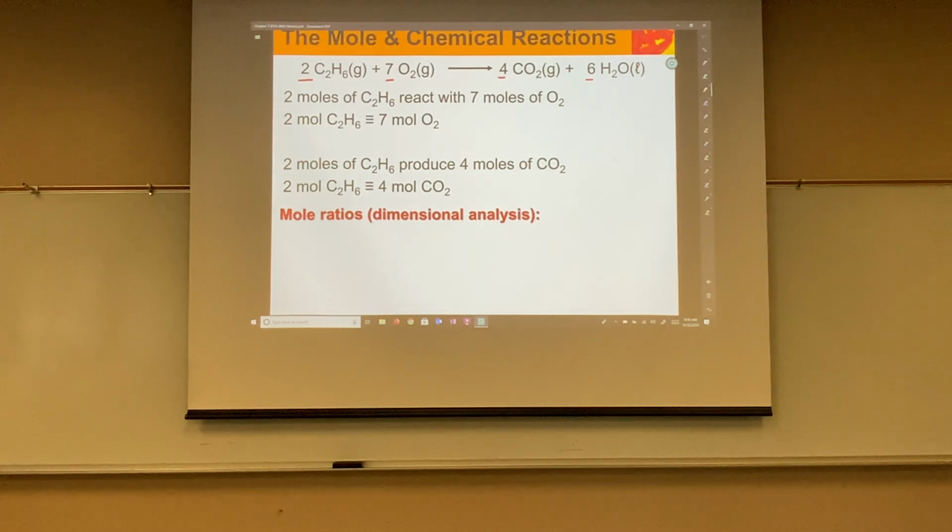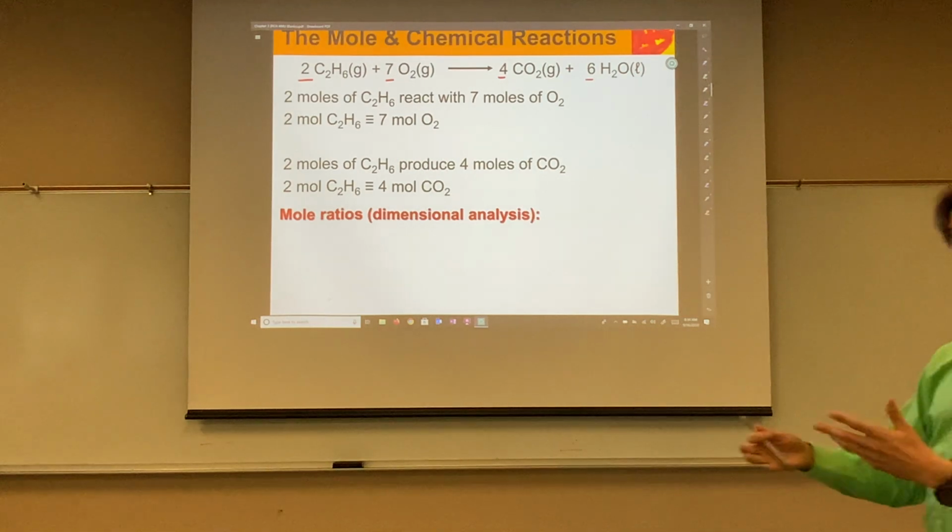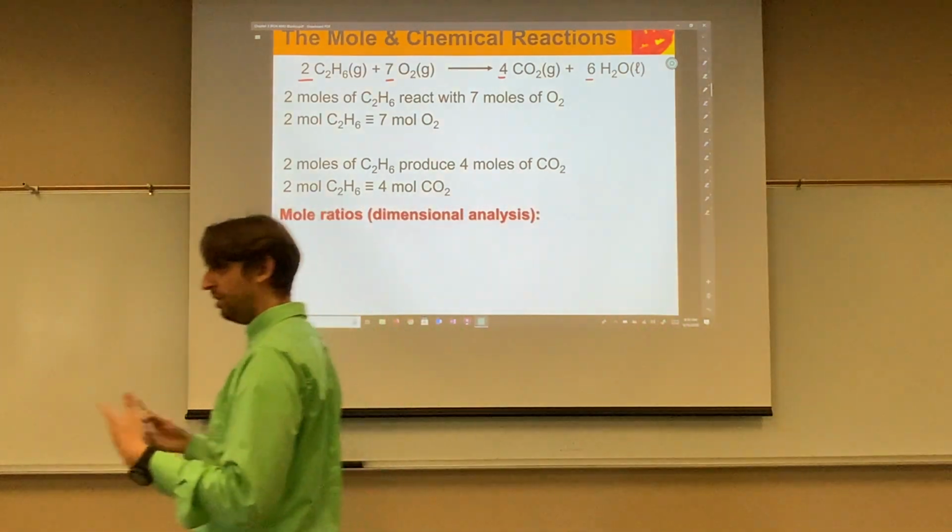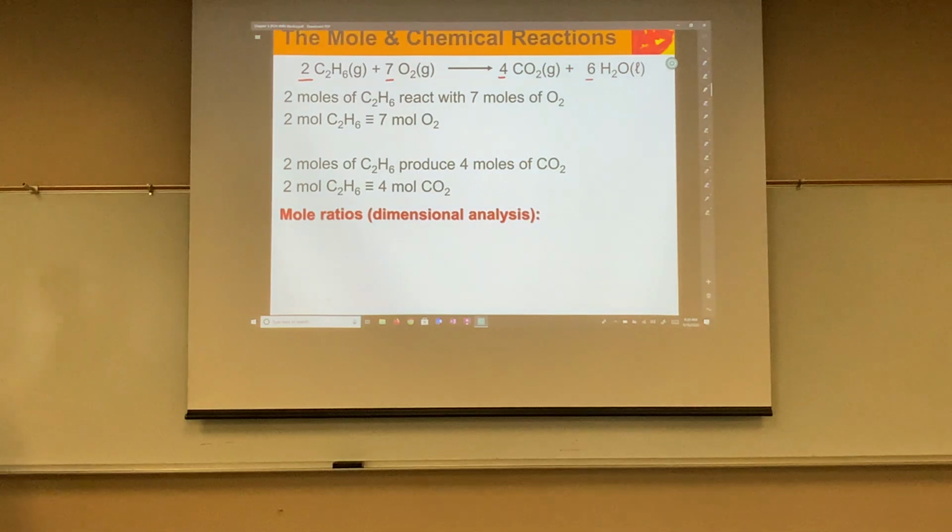Got it? All we're doing is changing units. Does that make sense? And to change those units, we're going to have to use a balanced chemical equation. That's all. Exactly what you guys did for chapter 1 with changing units in the metric system, we're going to be doing the exact same thing here, okay?